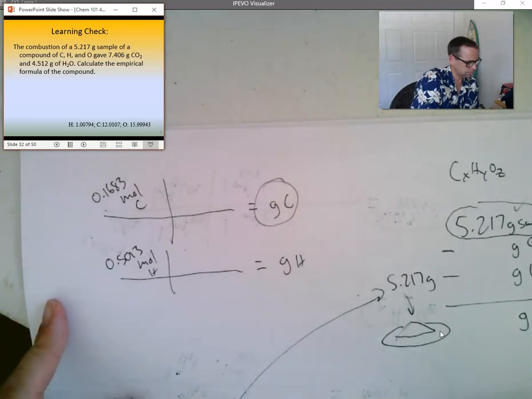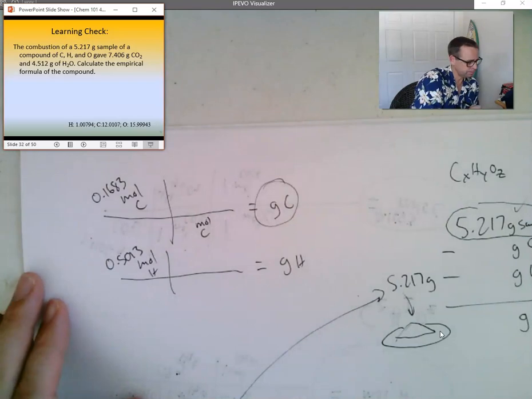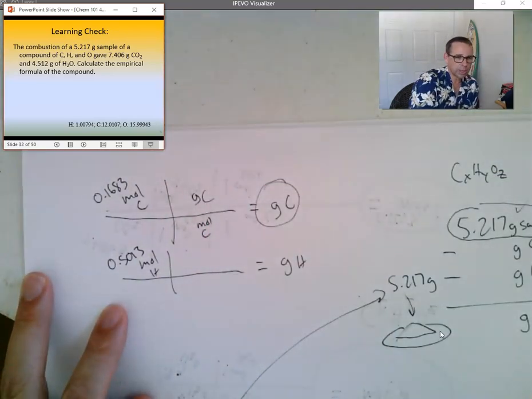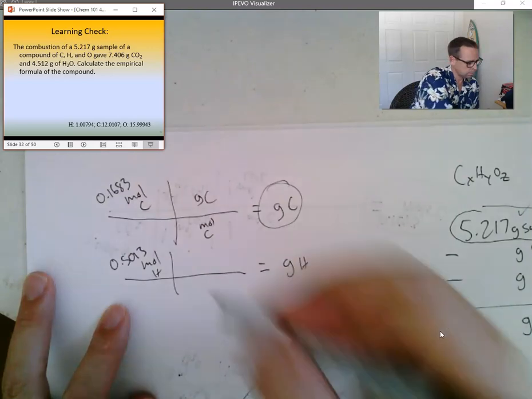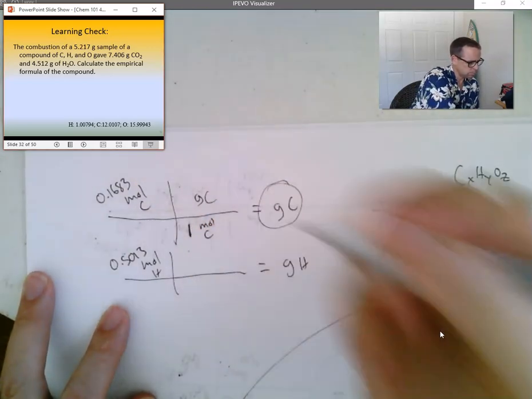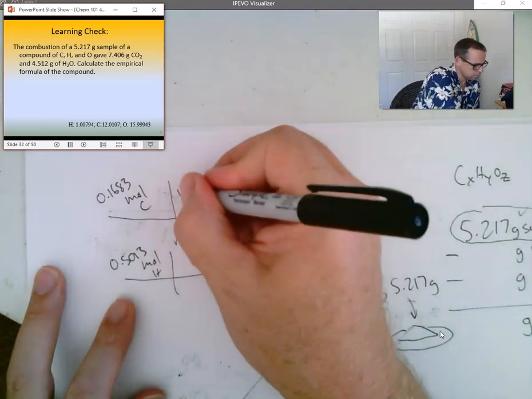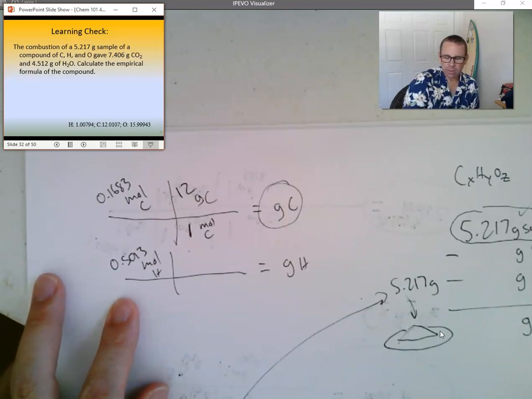You put moles of carbon bottom right, very good, and then top right you put grams of carbon. Okay, so what numbers go in there? 1 mole of carbon equals 12 grams of carbon. Very good.